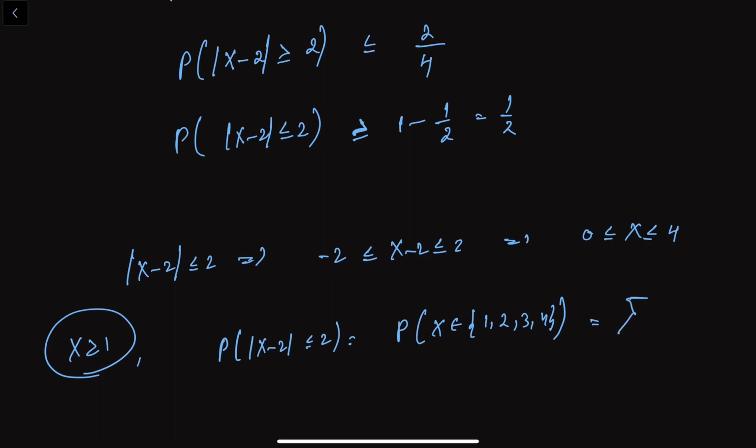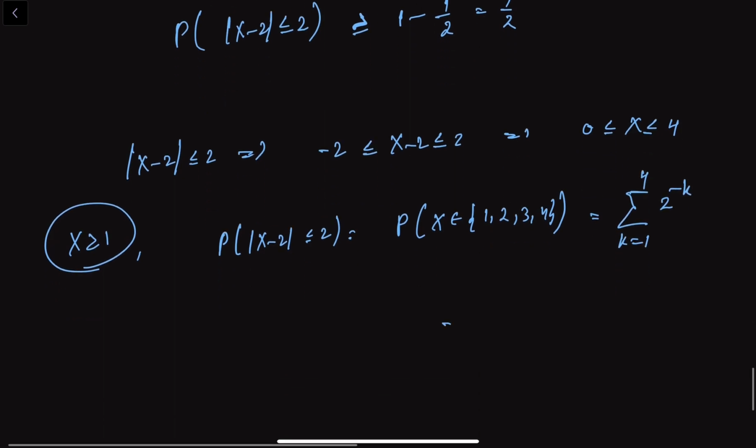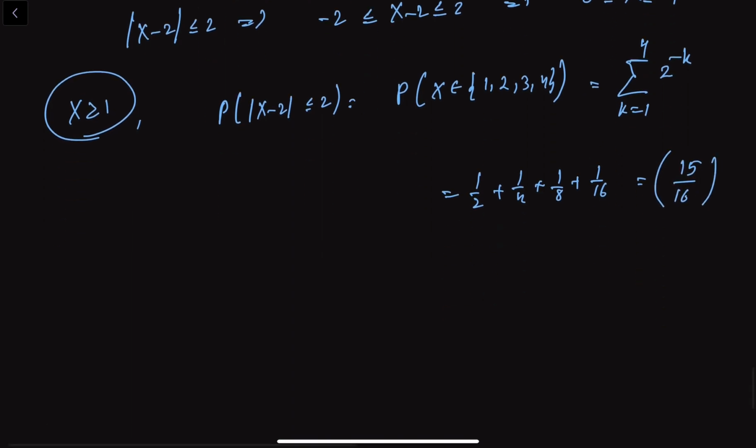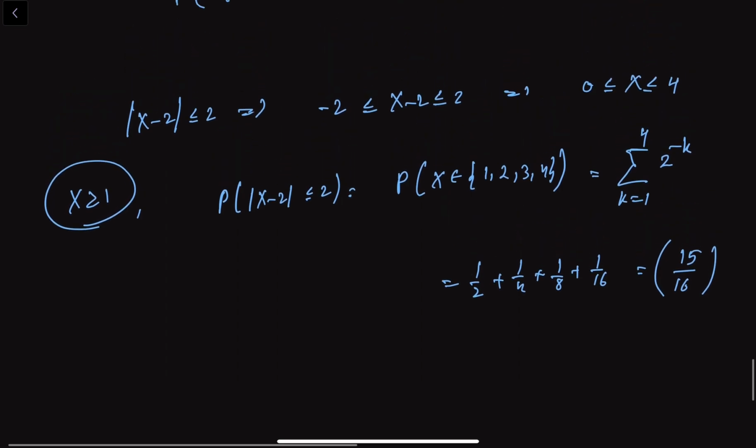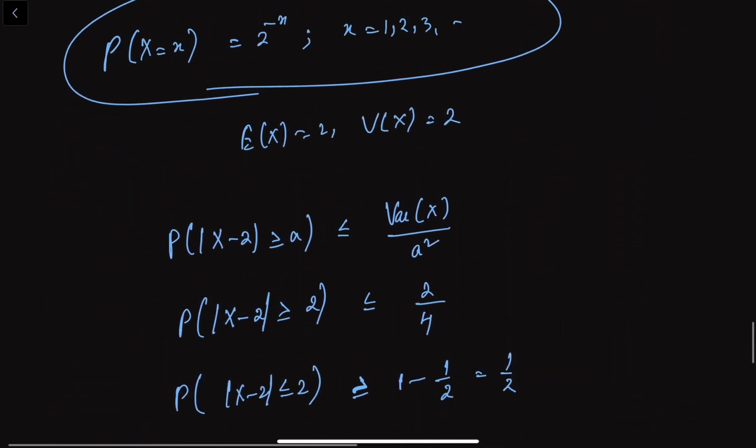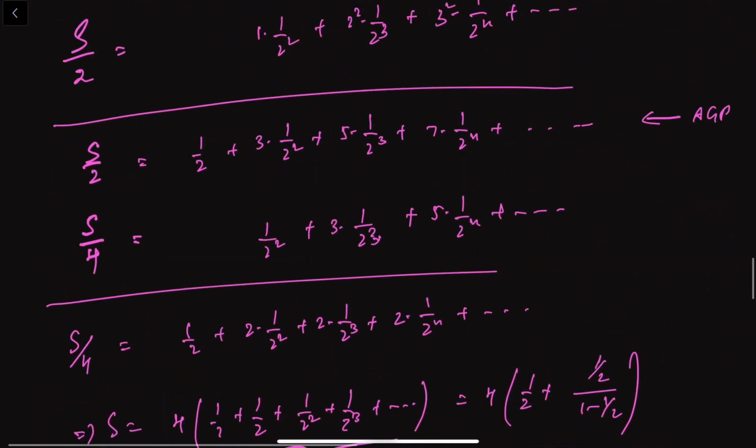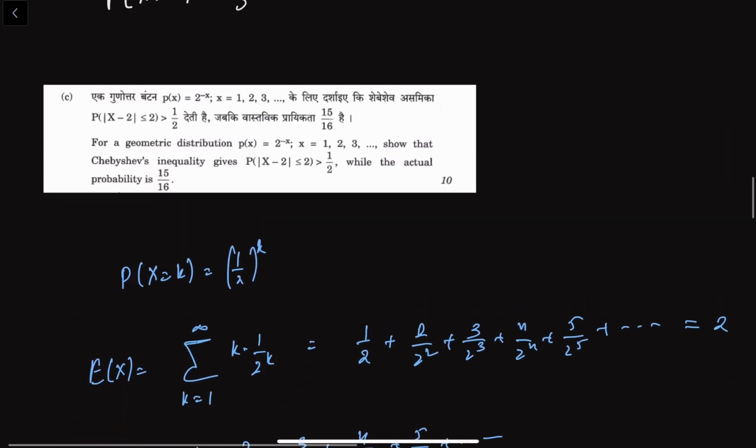That is the summation k equals 1 to 4 of 2 to the power minus k, which is 1 by 2 plus 1 by 4 plus 1 by 8 plus 1 by 16, which is 15 by 16. Therefore Chebyshev is giving us a bound of half, which is a bit weak, whereas the actual probability is 15 by 16, which is closer to 1. So that's what we were asked to prove in the question.